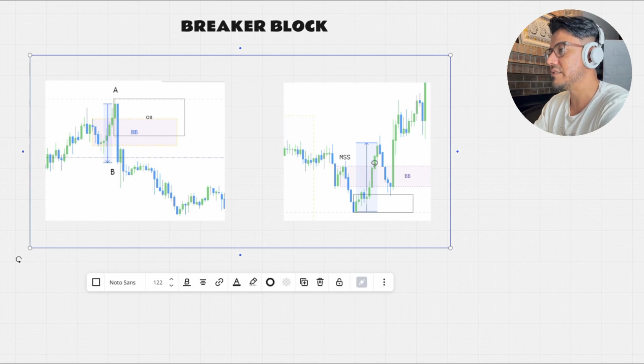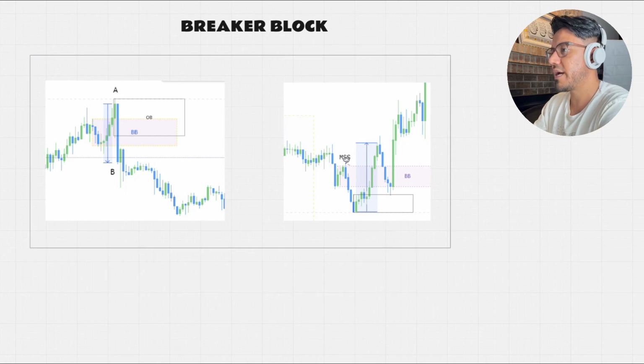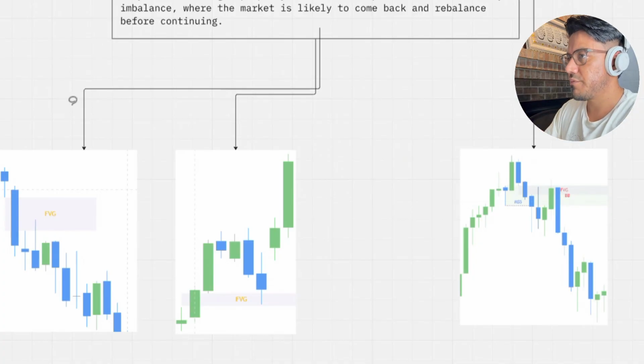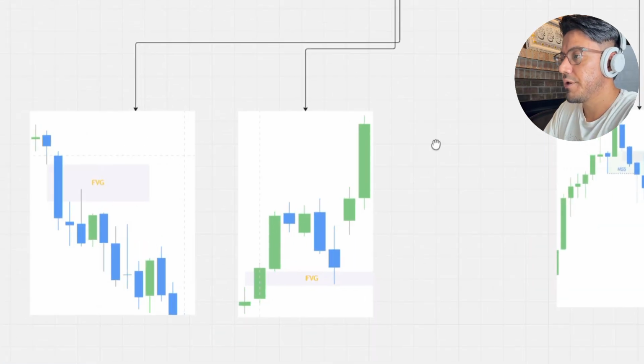So it means it is confirmed that this is our breaker block, as I have highlighted. The last one is FVG aligned with breaker block. This is another major component of our strategy, ICT Unicorn. The FVG should be aligned or overlapping with the breaker block in order to confirm that it is a unicorn.